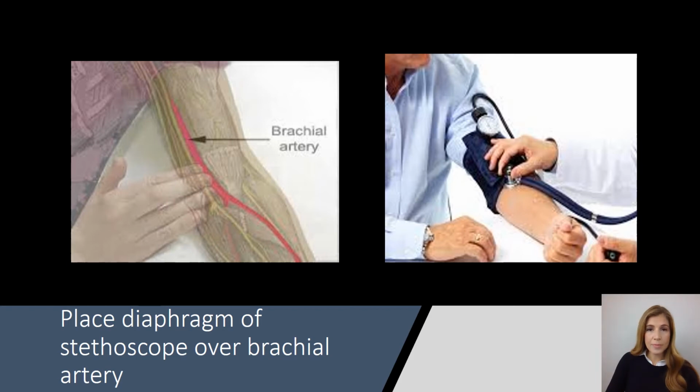After we wrap the blood pressure cuff around the patient's arm, we'll then place the stethoscope directly over where we felt that brachial artery. If you look at your blood pressure cuff, you'll notice that there is a little arrow where it'll say left arm or right arm, and you actually want that arrow pointing right above to where you felt the brachial artery.